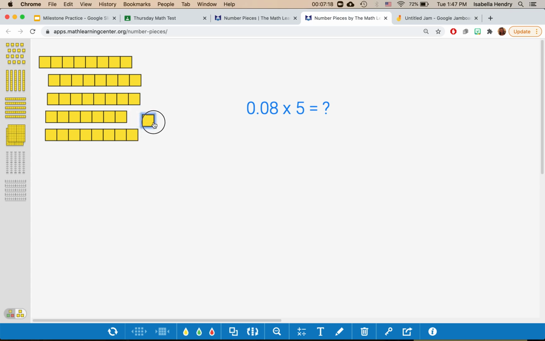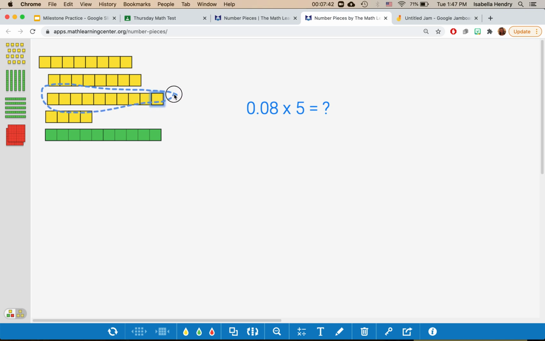I'm going to look and see if I can make any tenths. I see that I can put these all together, and we can turn them into a tenth. I can do that same thing again.